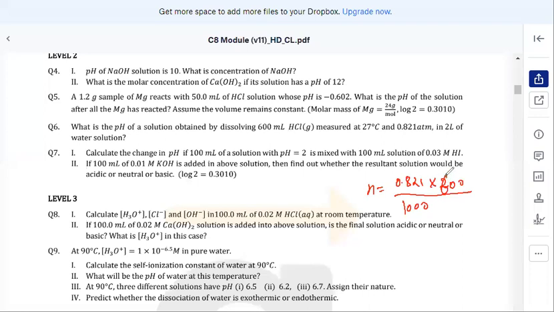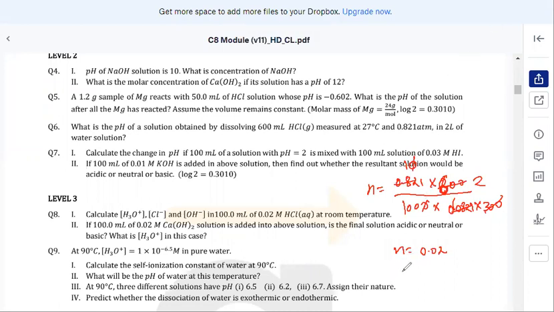So in first case, you have to take 600 milliliter, into R 0.0821, into temperature it is 300, right, everyone? So this is easy to calculate. So n is equal to 0.02. Anyone have any issue?